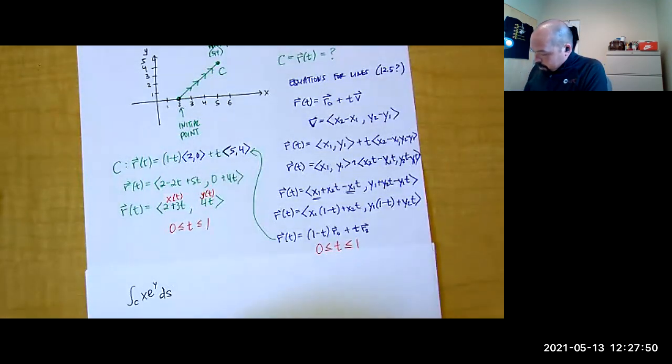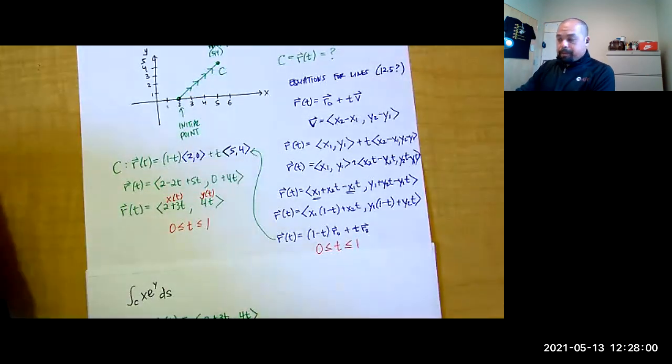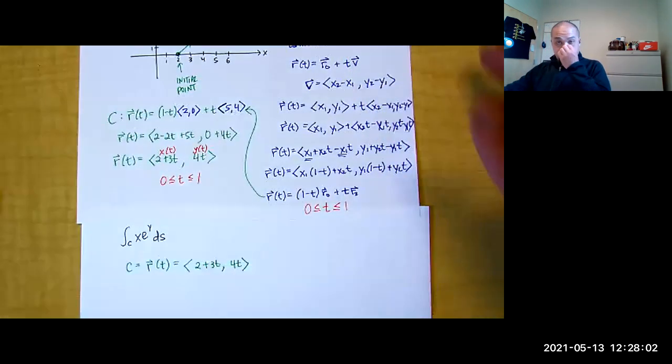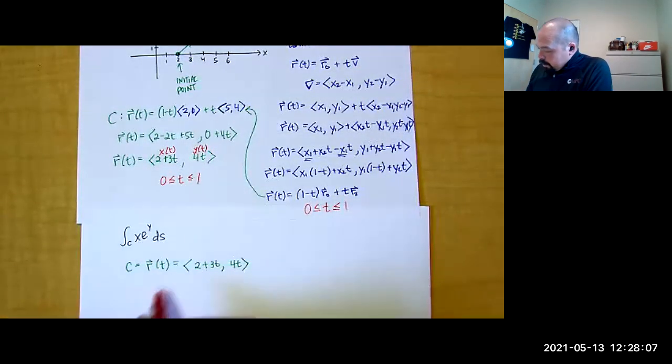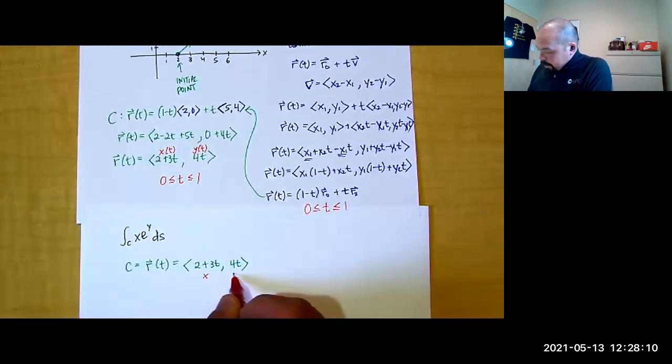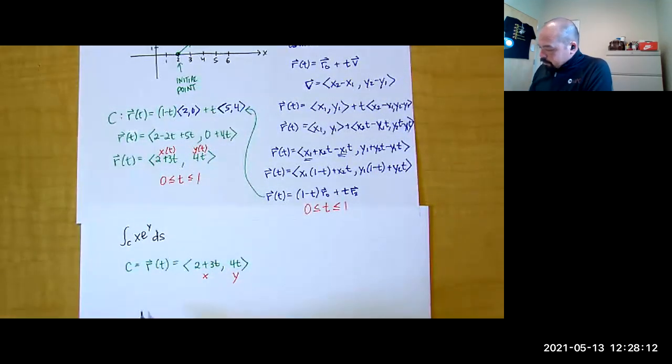And so let's jump back to it. We just finished. C is this r(t), (2 plus 3t, 4t). Okay, copying that down, sorry. So this is my x and y. ds, that's square root, dx dt squared plus dy dt squared dt.